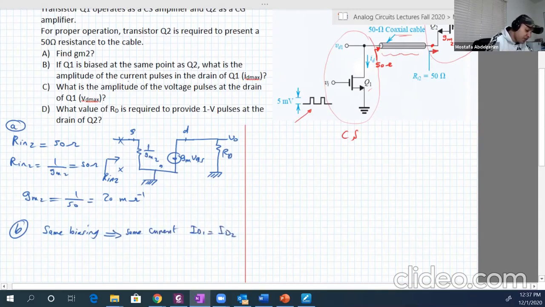What is the amplitude of the current pulses in the drain of Q1? And here I write it for you: i small d, maximum. The max amplitude of the current in Q1. So what's required here is id max.